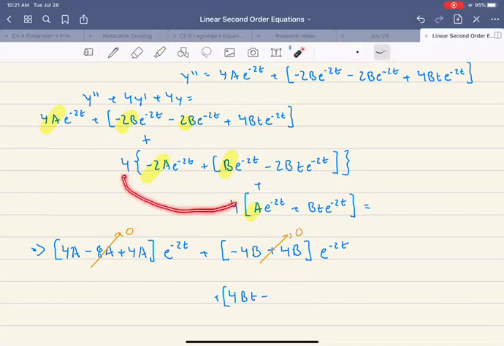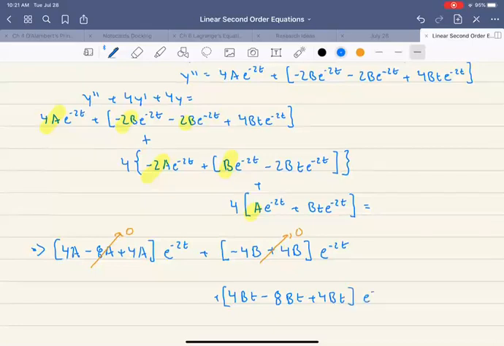This 4 multiplies there, so that's minus 8bt plus 4bt, e to the negative 2t. Okay, the reason that I caught my mistake is because I knew it should work. Okay, but that's a lot of math doing that. So this is the last one.